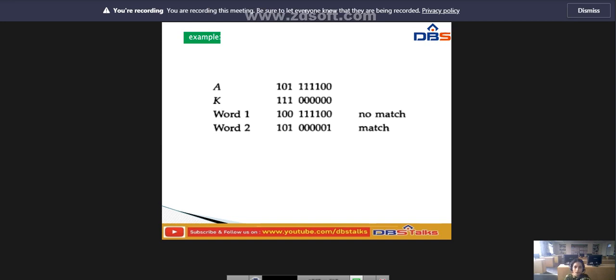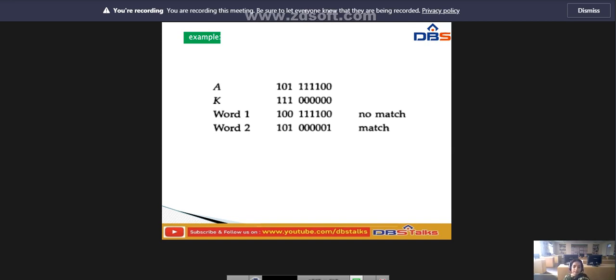For word 1, I am providing 100 100, no match. Word 2, 101 100, is a match. Only the three leftmost bits of A are compared with the memory words, because K has ones in 3 positions. So word 2 matches the unmasked argument field because the 3 leftmost bits of the argument and word are equal.